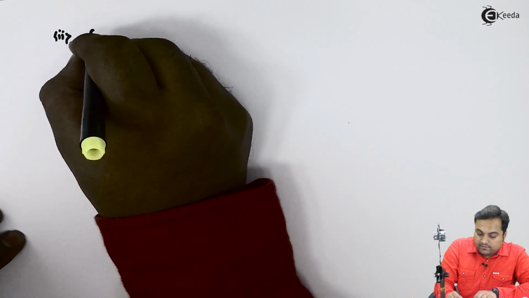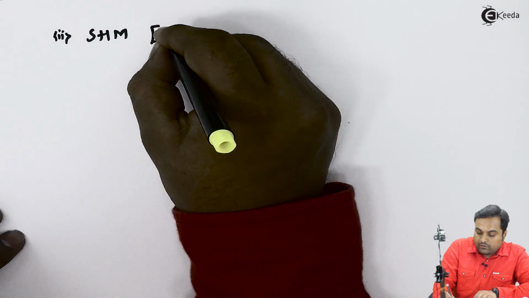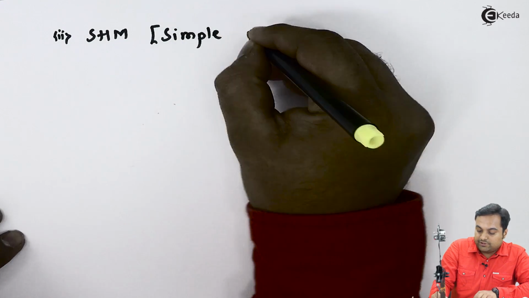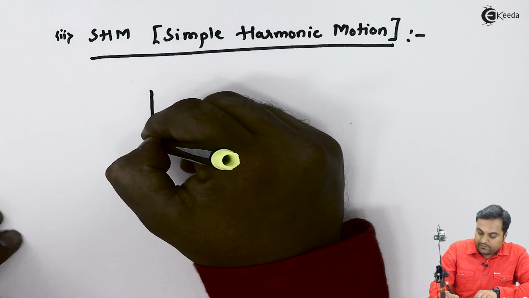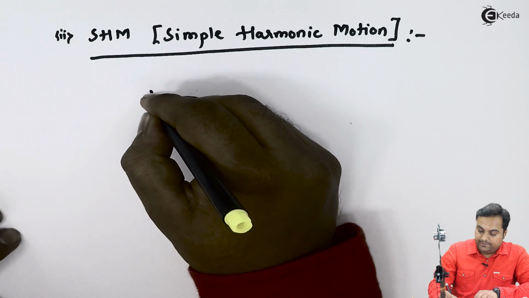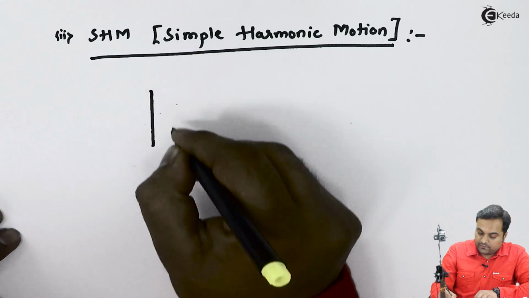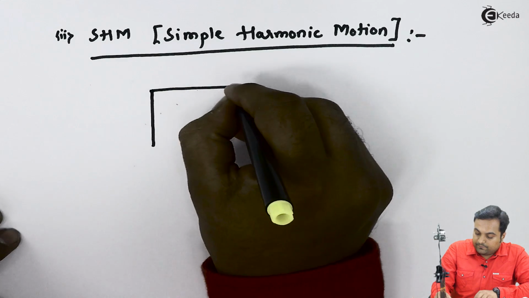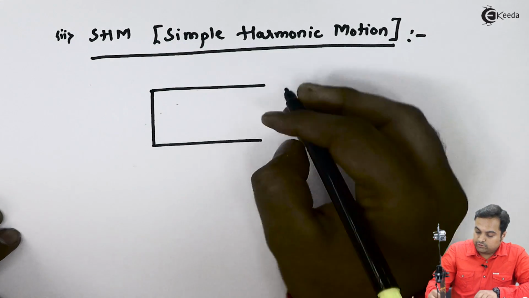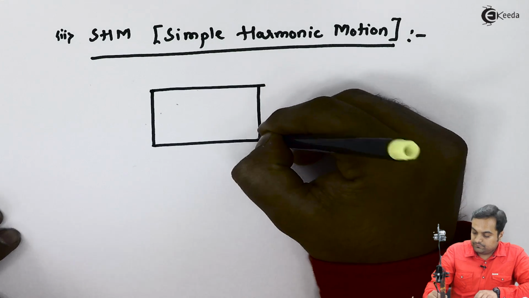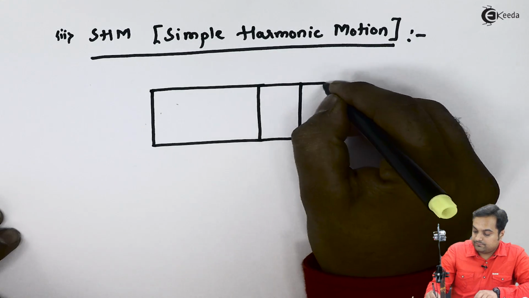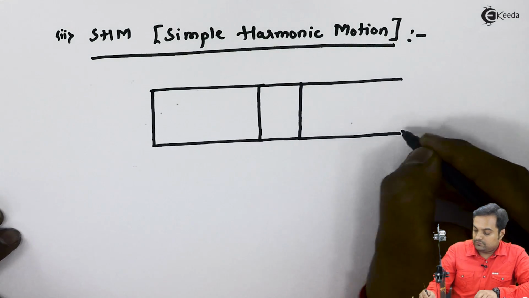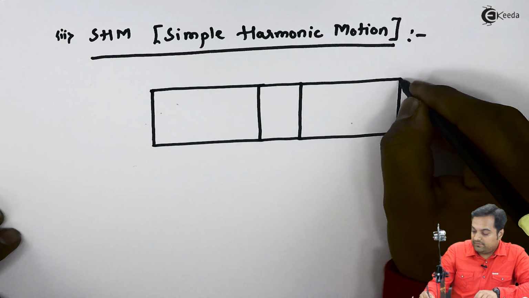Next, simple harmonic motion, SHM. Here again the lift will be plotted on the vertical line, and then we mark the outstroke, dwell, return stroke, and second dwell.